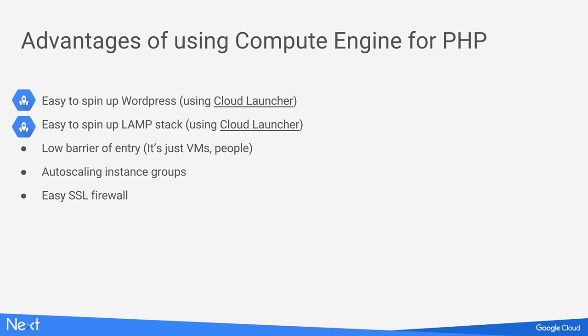You can add phpMyAdmin, that kind of thing. We have those for WordPress, LAMP stack. We have it for Zend Server also. So if you're into that kind of thing, you can run Zend Server, and we handle all of the complicated licensing, and you just pay for it straight through your billing account. So this is super low barrier entry stuff.